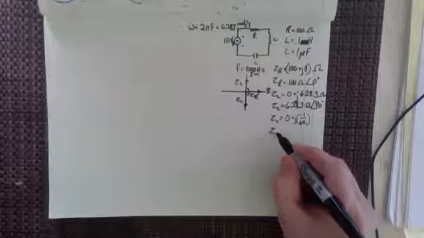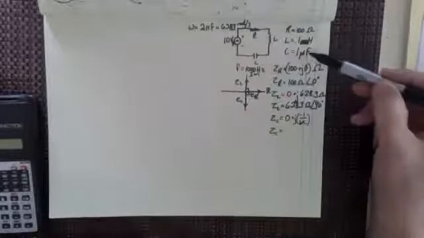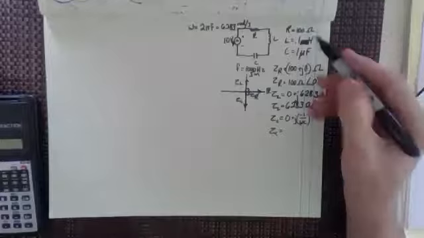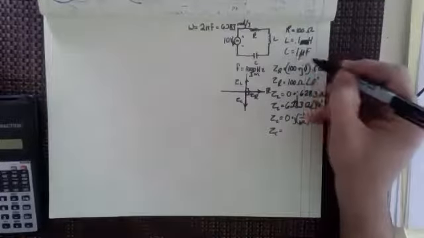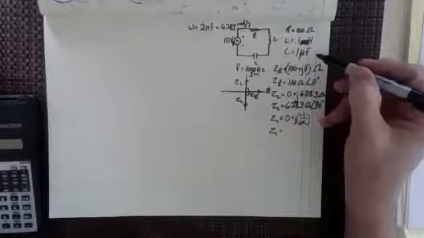So if I wanted to write the impedance for the capacitor, think about it. We've got 6283 times 1 microfarad, right? A microfarad is 10 to the negative 6. So 1 times 10 to the negative 6 times this.